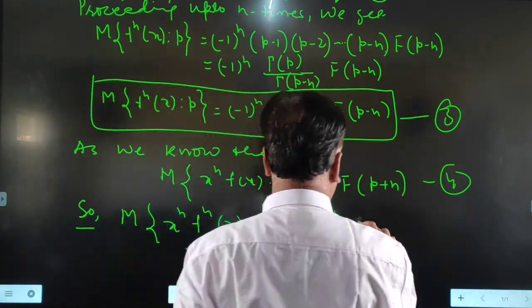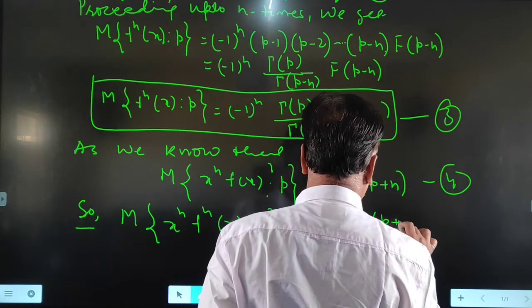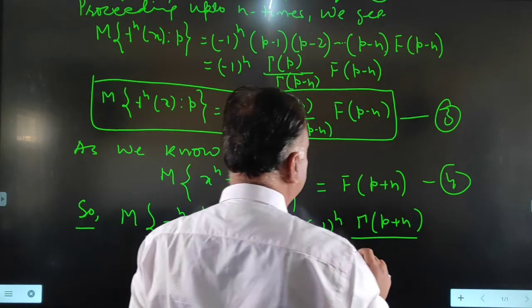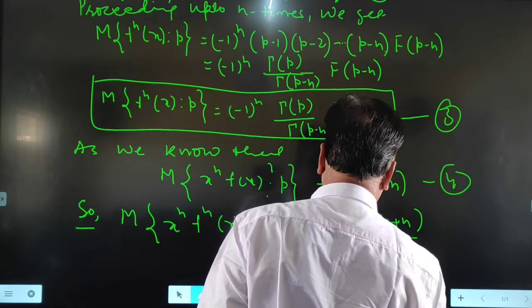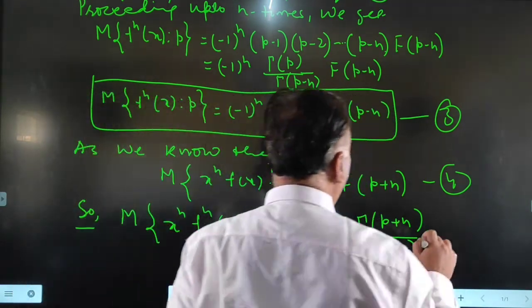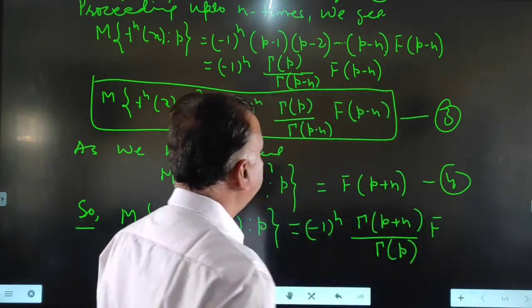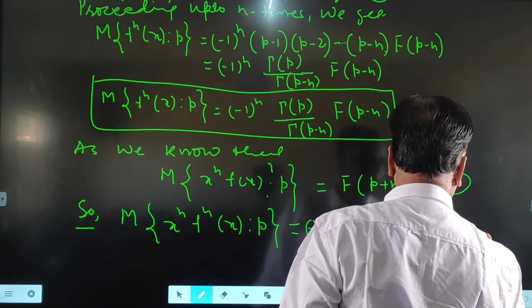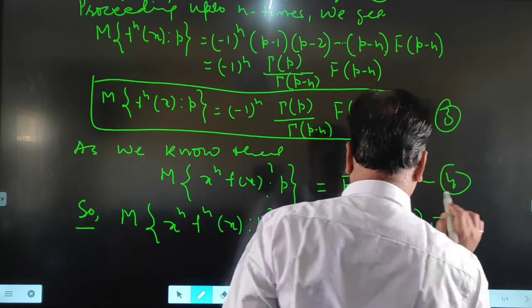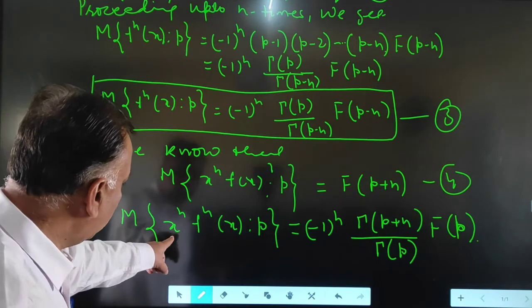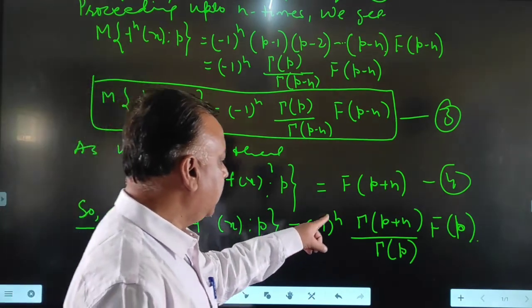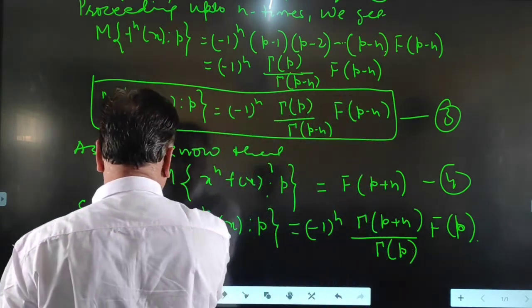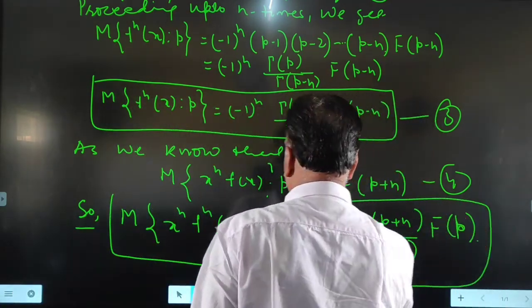So this is equal to gamma of p plus n upon gamma of p, and F(p) replaced by F(p plus n). So the Mellin transform of x raised to n f^n(x) is (minus 1) raised to n gamma of p plus n upon gamma of p times F(p plus n), which is another result on the Mellin transform of the derivatives.